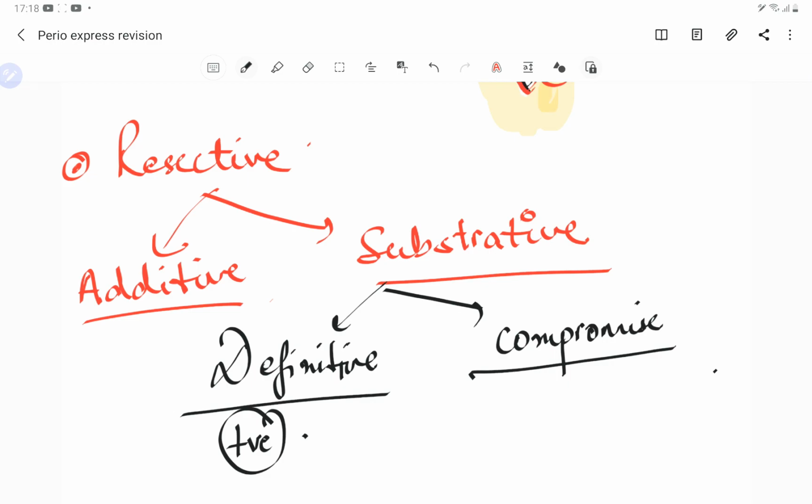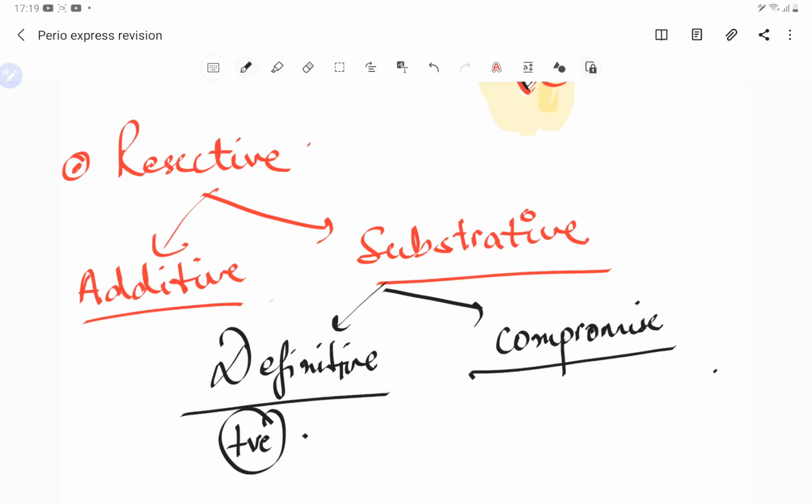According to Carranza 10th edition, a resective osseous surgery is the procedure by which we make changes in the alveolar bone in order to get rid of the deformities induced by the periodontal disease or other related factors, like if there is an exostosis or a bony contour present. We remove it with the help of a resective osseous surgery.